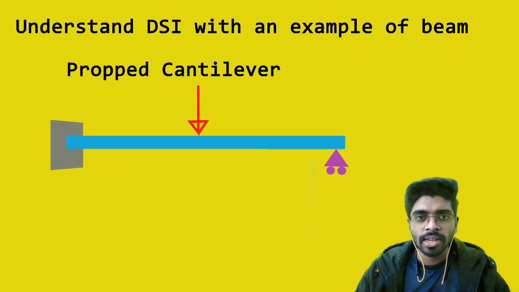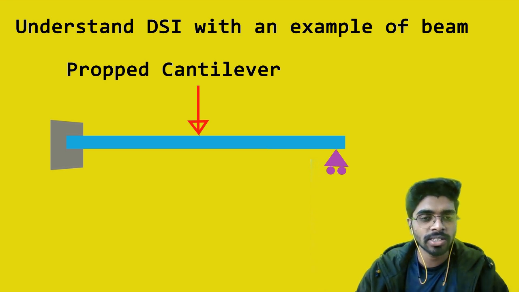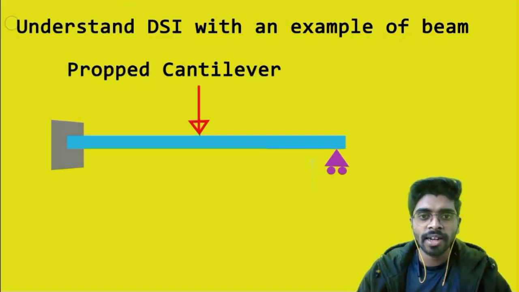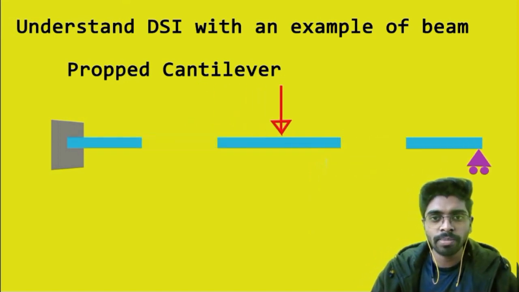Now, to analyze it completely, we must know all of the member forces and the reactions at the supports. So let us first cut a section on the right side of the point load and another section on the left side of the point load. So now this beam has been divided into three parts. Let us take the right side of the beam.